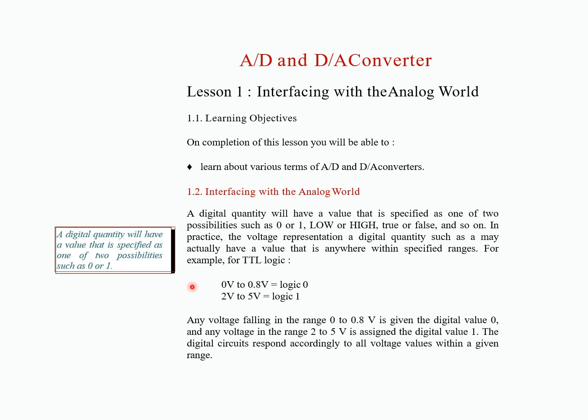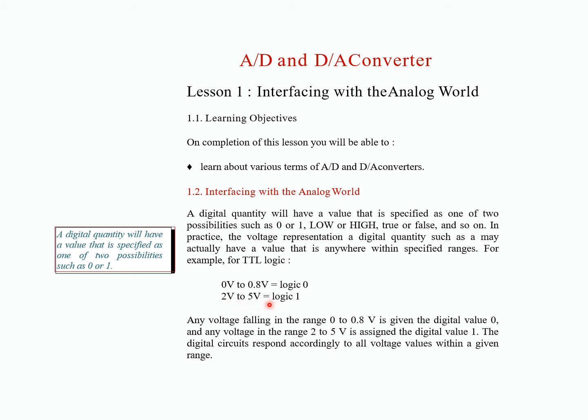For example, for TTL logic, transistor-transistor logic, if the voltage is between 0 to 0.8 volt, we consider it as logic 0, and if the voltage is in the range of 2 volt to 5 volt, then we consider it as logic 1.